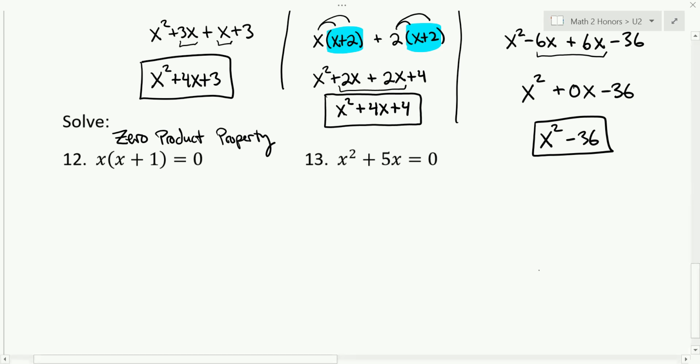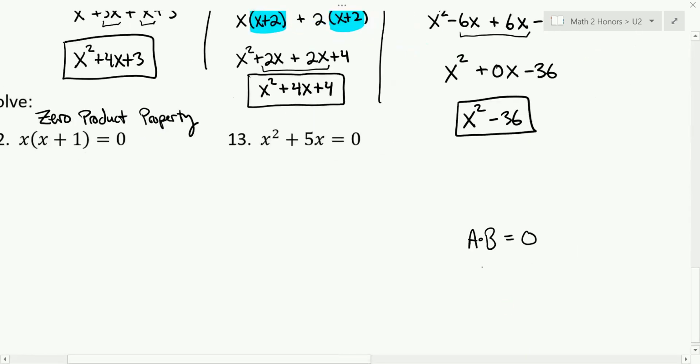It says this: if you have two unknowns, a and b, and you multiply them together, and you get an answer equal to 0, that's all you know. What can you tell me about a or b? One of them has to be 0. Could they both be 0? Yes. Could they both not be 0? No. So either a or b has to be 0, and either of them would make it work.